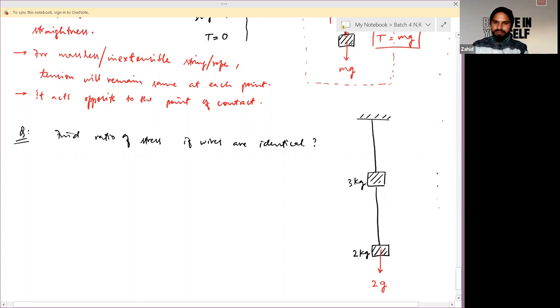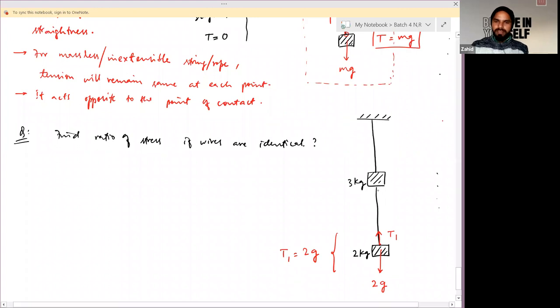Tension will be opposite to the point of contact, so it will be in this direction, T1. So from this we can say T1 equals 2 times gravity. Is it clear? Minashi? Yes, sir. Yes, sir, clear.